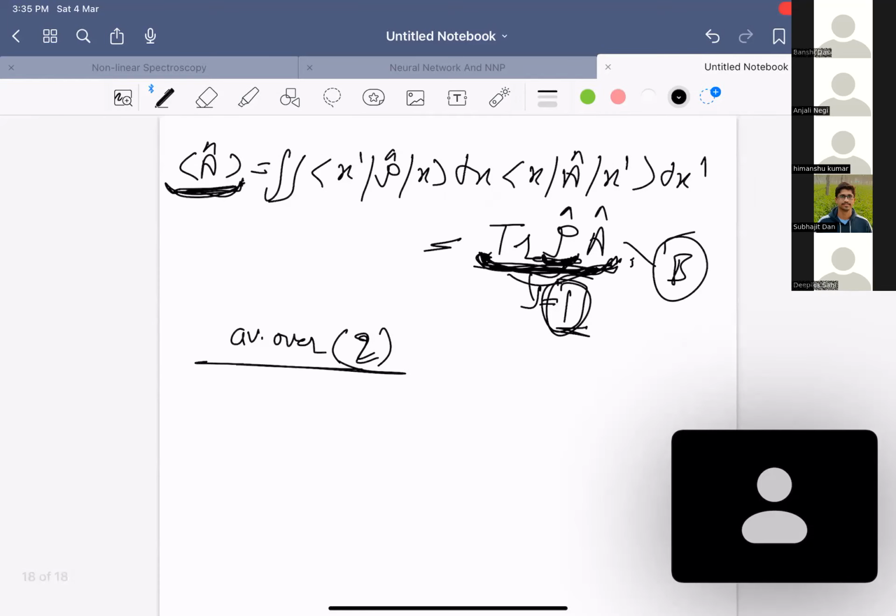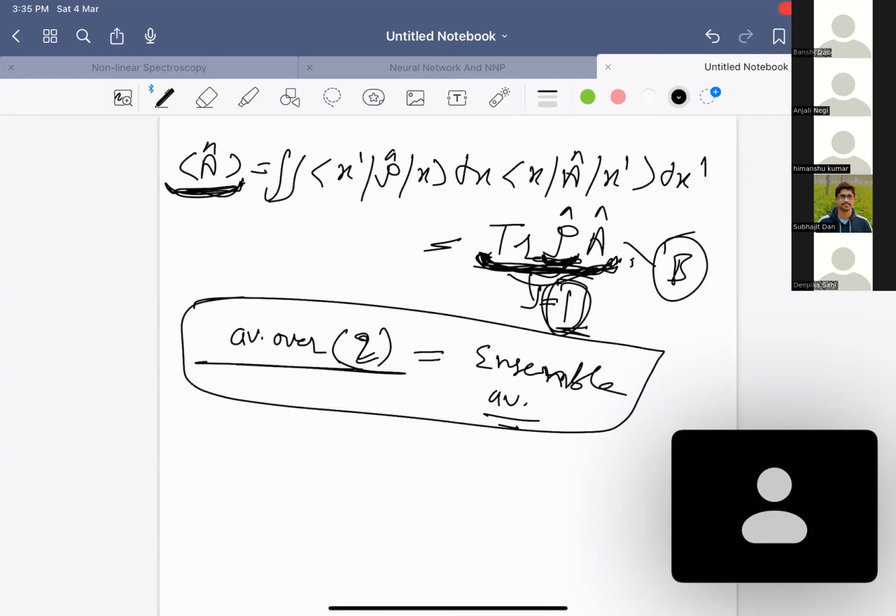So we are seeing collectively how the ensemble average of these bath coordinates affects our system of interest. And it is the same as the ensemble average we took in the statistical point of view. So the two are similar.